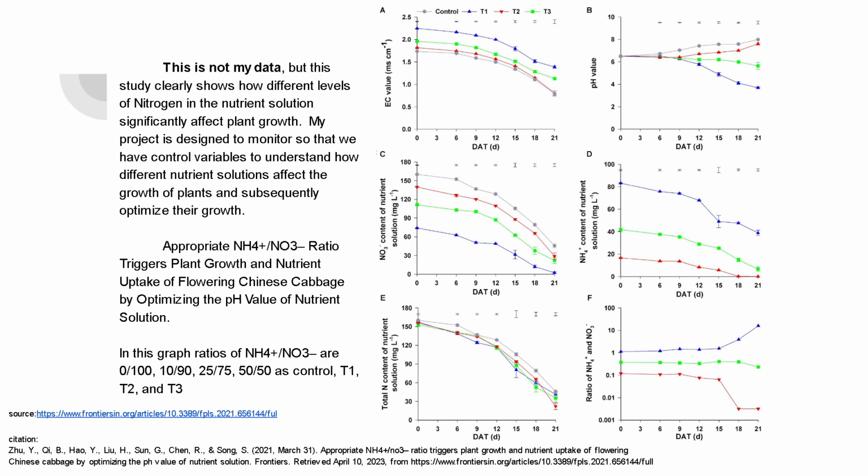So I should say this is not my data, but the study clearly shows how different levels of nitrogen in the nutrient solution significantly affect plant growth. With my plant monitor, you can control different variables and monitor things like the pH.